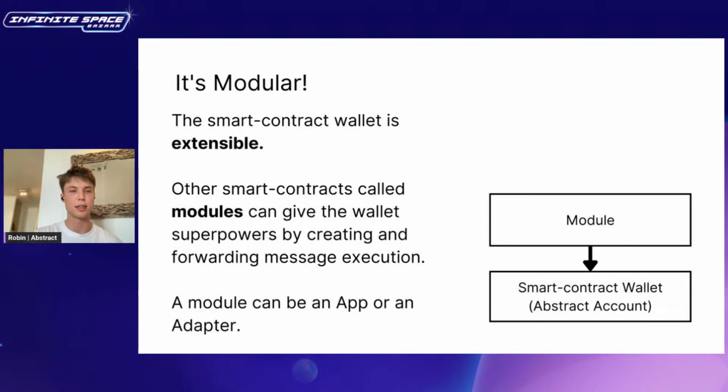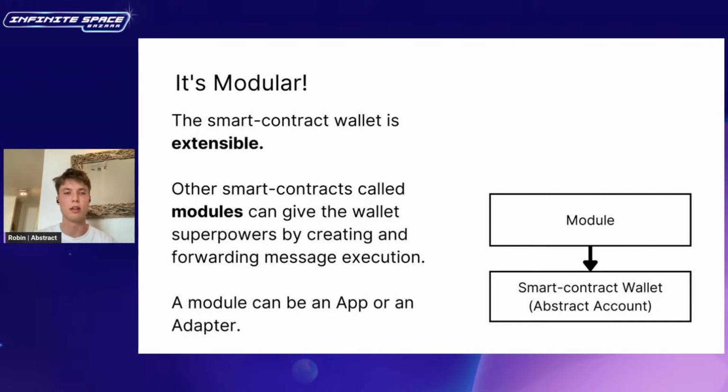If you have a smart contract wallet, which is the abstract account, and you can have another smart contract delegate calls to it, then you can start separating out that logic into a specific smart contract, and then just passing on the execution to the smart contract wallet, the abstract account, that then actually executes it.